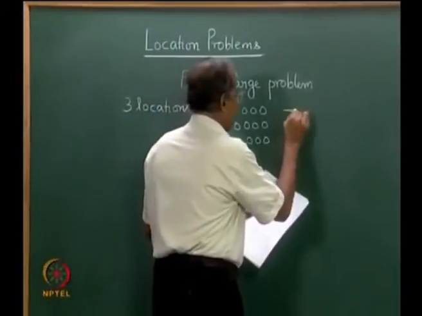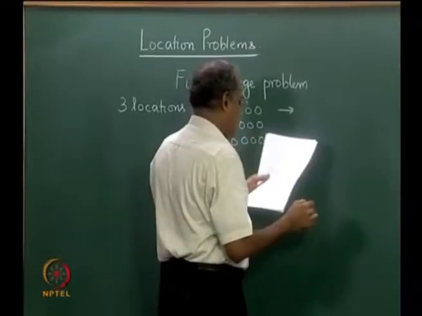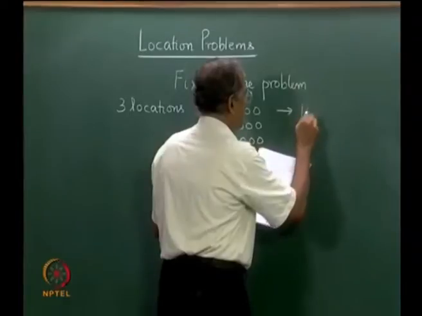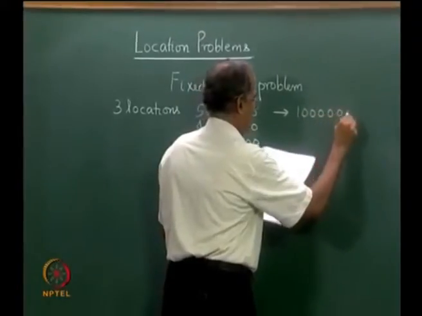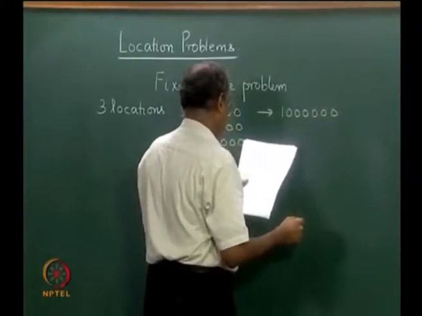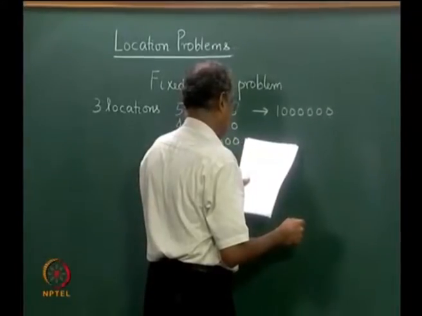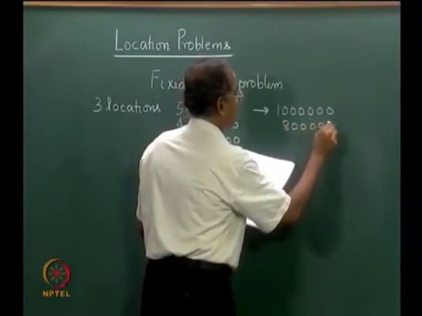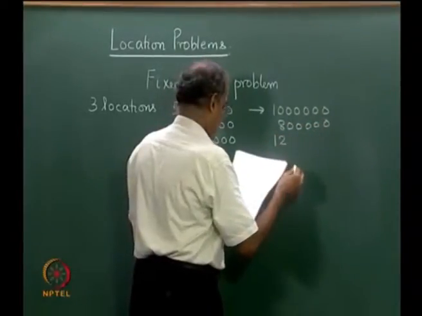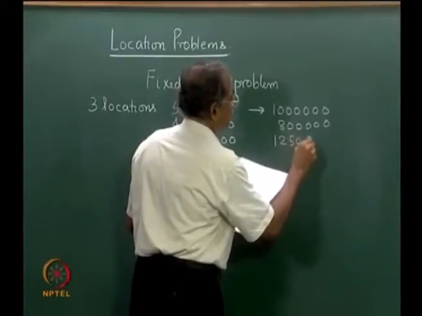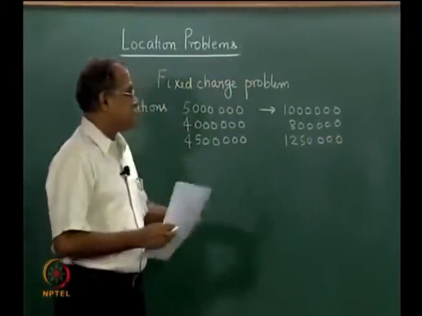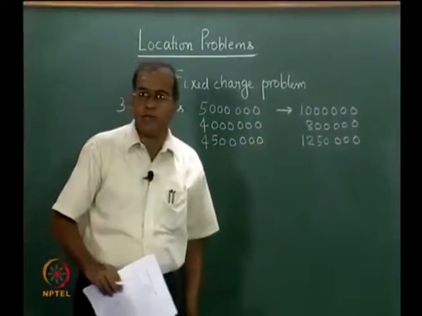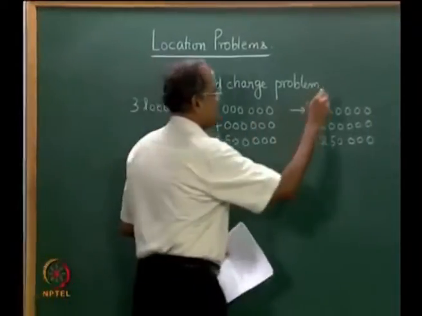Now, the capacities in these three facilities are taken as 800,000, 1,250,000 and 1.25 million.